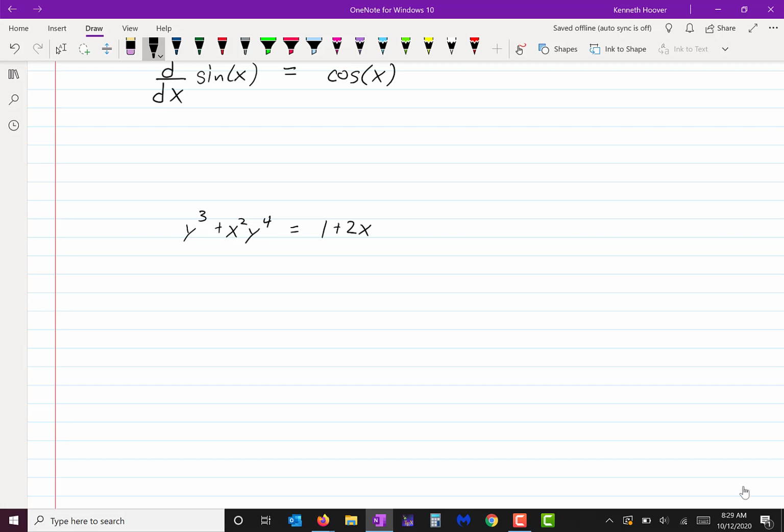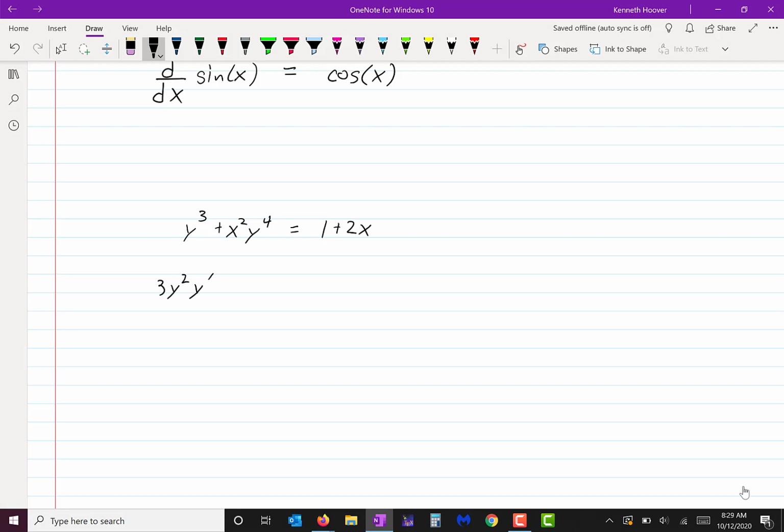On the left-hand side, we have y cubed, just like in the earlier problem. So what would be the derivative of y cubed? It would be 3y squared times the derivative of y. So 3y squared y prime.